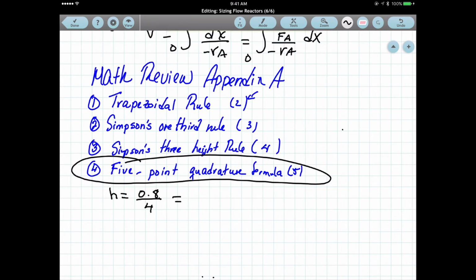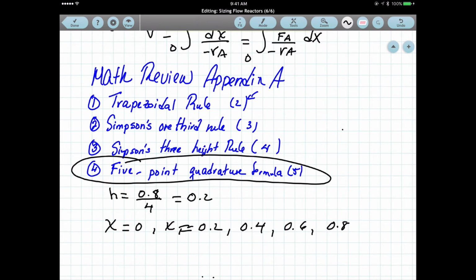That equals 0.2. So every 0.2 on the x-axis, we're going to select the data point. That means we're going to use the data for x equals 0, 0.2, 0.4, 0.6, and 0.8.